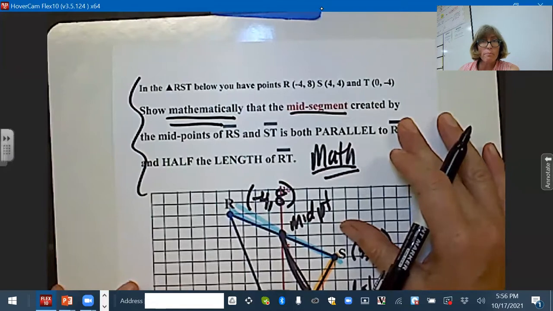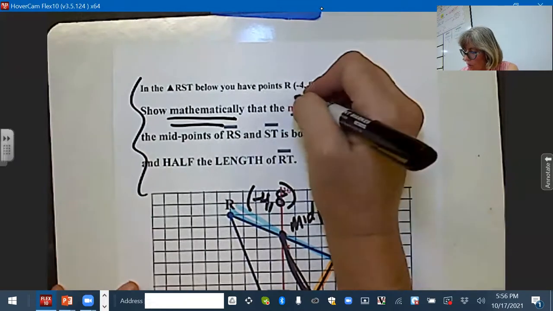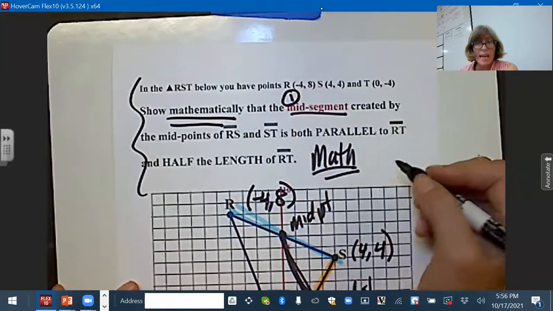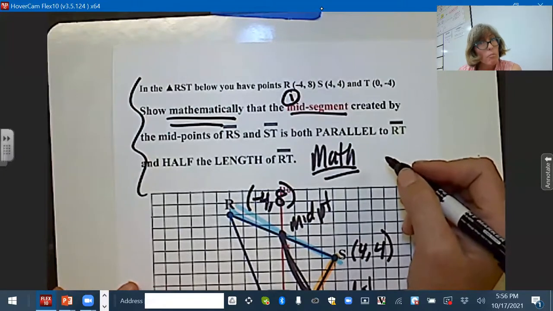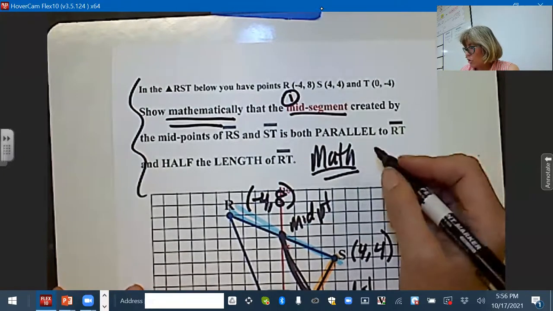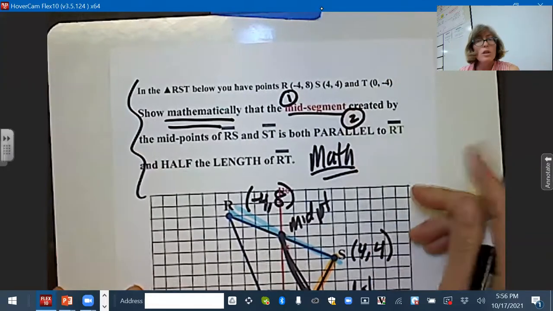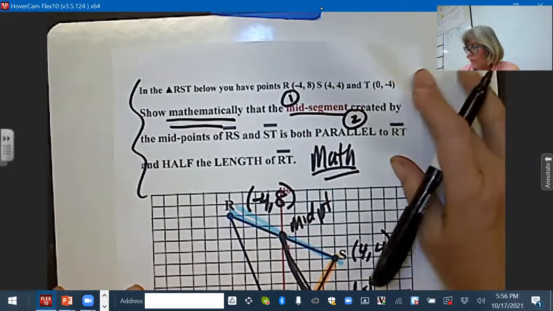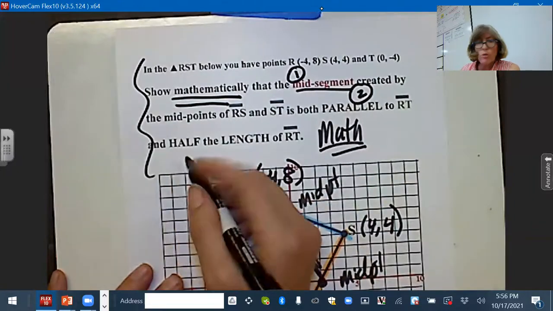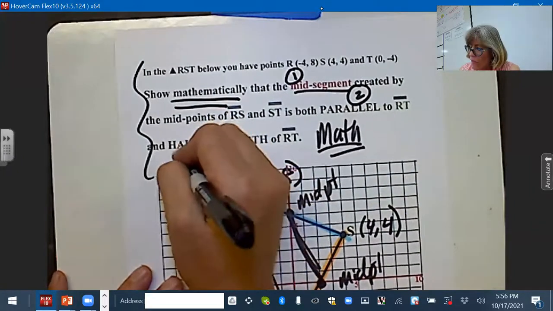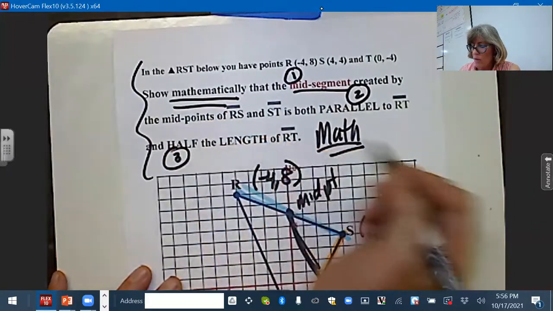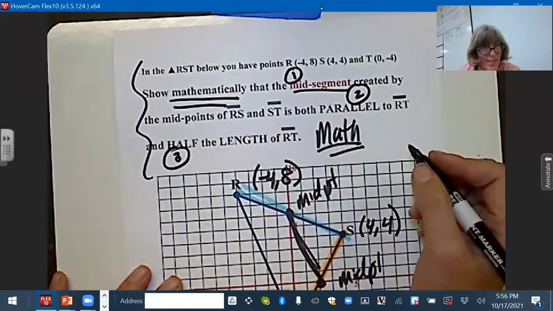There are 3 parts to this. 1, we first have to prove it's a mid-segment using midpoint. 2, we have to show they are parallel using slope. 3, we have to show the distance is half the length of the third side using distance.